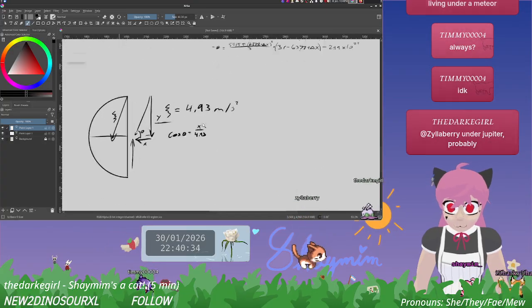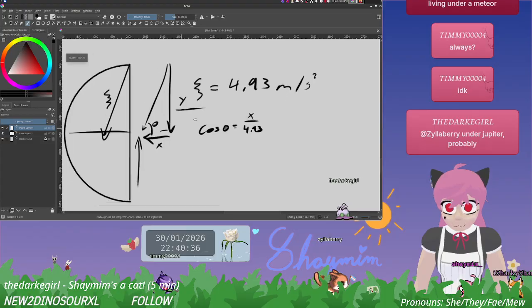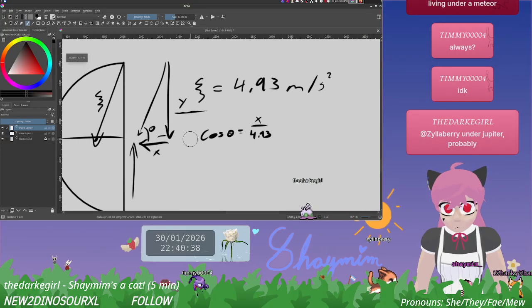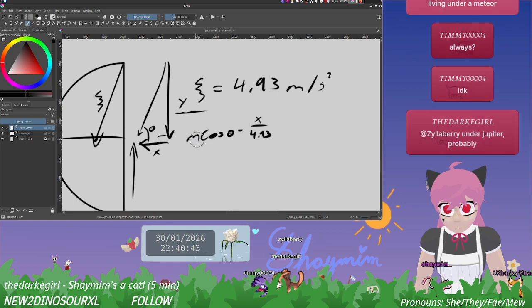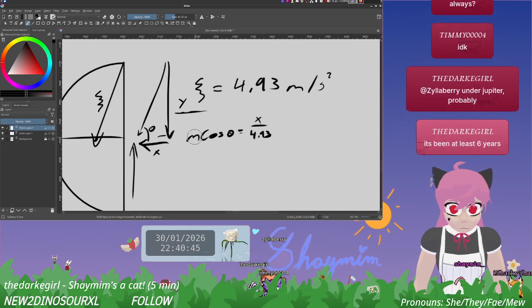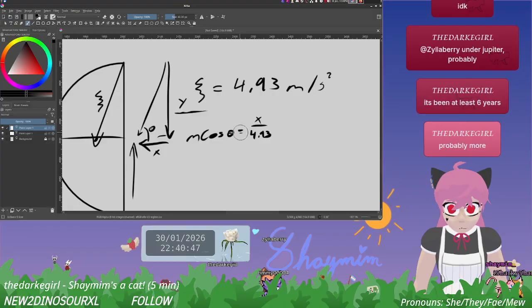I guess technically it would be m cosine theta, because it's the mass of the point times cosine theta.